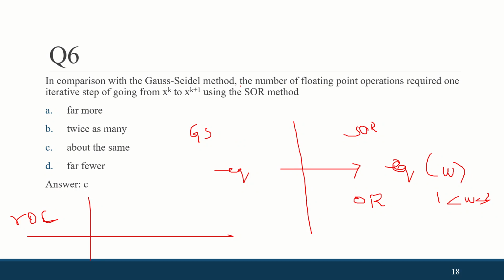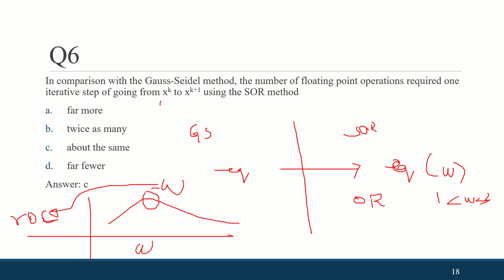But if we look into the rate of convergence versus the omega plot, we have seen that it is increasing and after which it decreases. So this is the optimum value of SOR. This omega decides the fastest rate of convergence with fewer number of iteration steps.